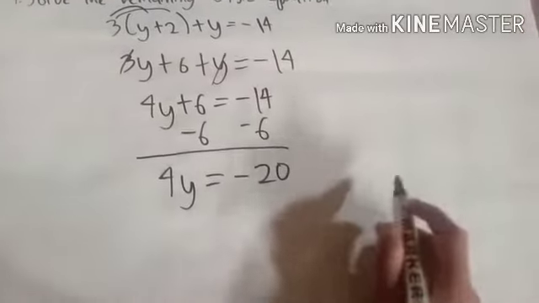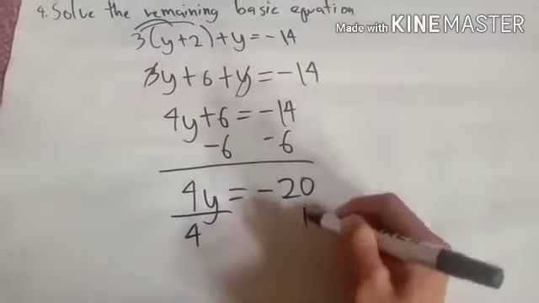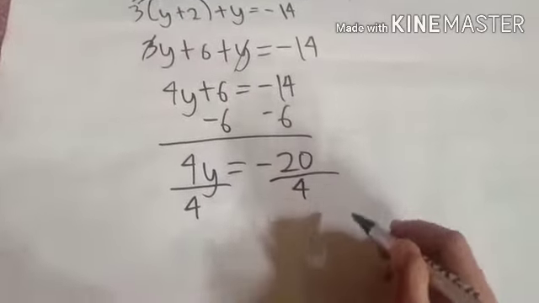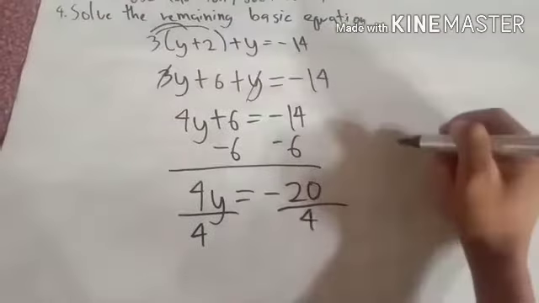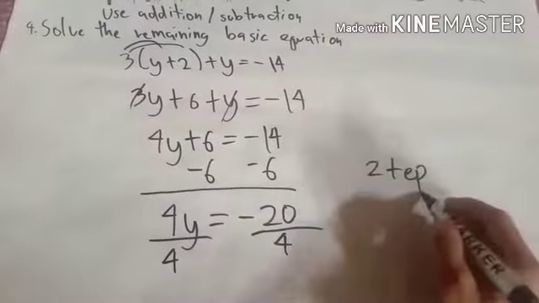You need to divide by 4 on each side. As you can see, to make it simpler, you can make it a two-step process.